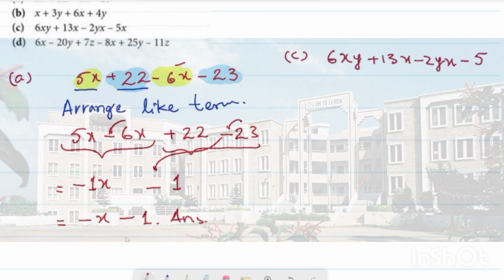Here is one thing different from the previous question: there is a term with x and y, which is the xy term, but there is another term with the sign of minus 2, which is yx.